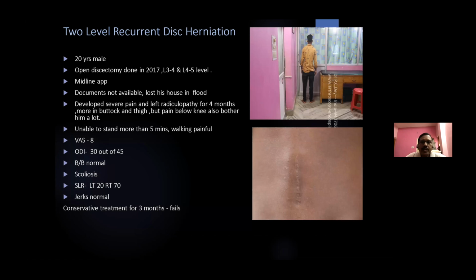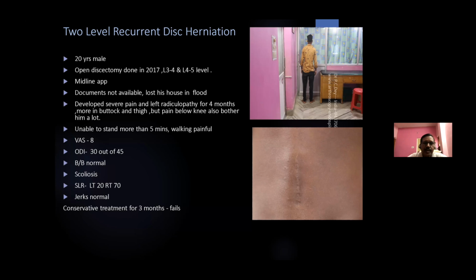Now come to the proper case that we are going to present. This is a 2-level recurrent disc herniation in a 20-year-old boy. Open discectomy was done in 2017 at L3, L4 and L4, L5 levels, with a midline approach. You can see the scar. The documents are not available because he lost his house in the flood.